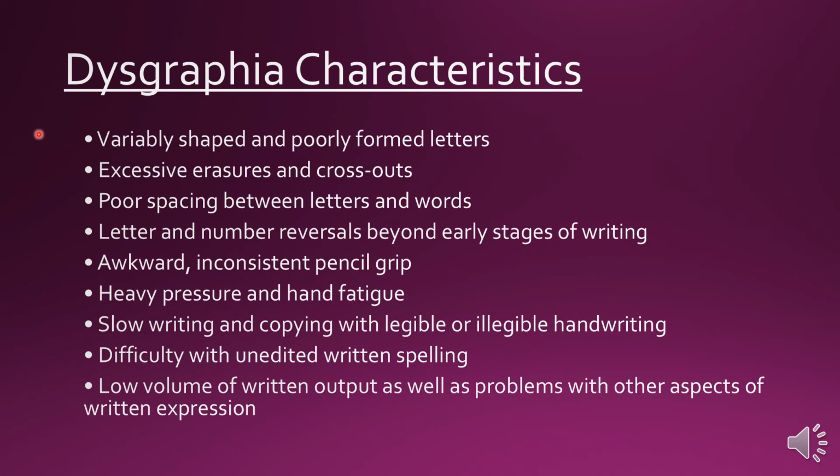Poorly formed letters, excessive erasures and crossouts, poor spacing between letters and words, letter and number reversals beyond the early stages of writing, awkward pencil grip, heavy pressure and hand fatigue, slow writing, illegible handwriting, poor spelling, difficult, unedited, and a low volume of written output, as well as other aspects of written expression.